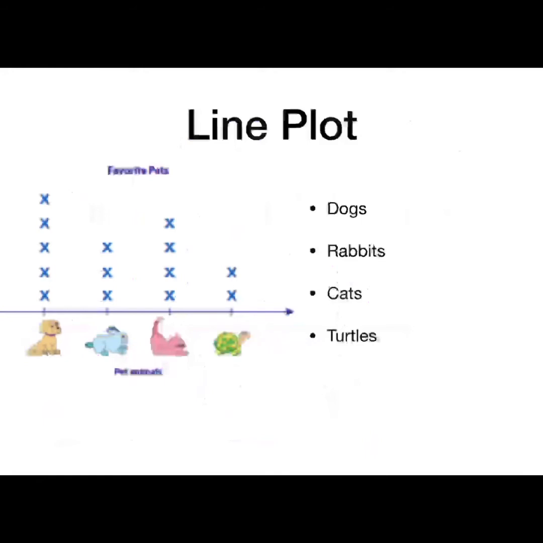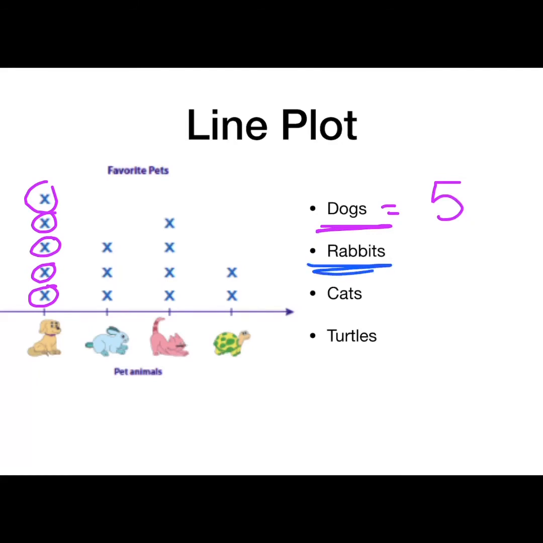So let's look at our line plot to get some information. How many dogs are represented on the line plot? Let's count together. 1, 2, 3, 4, 5. So we have 5 dogs. Now, how many rabbits are there?